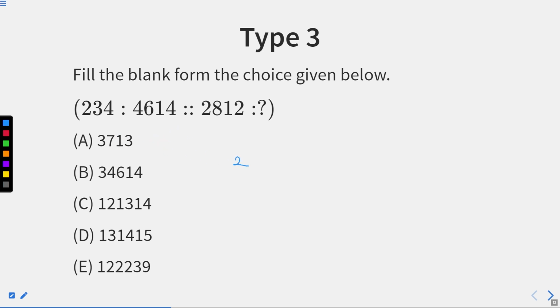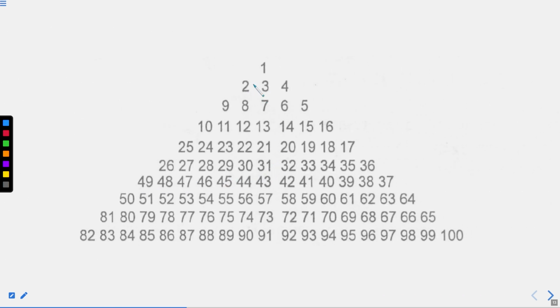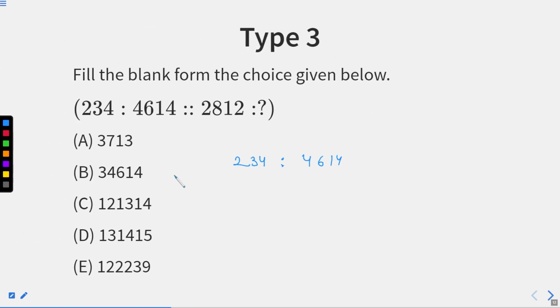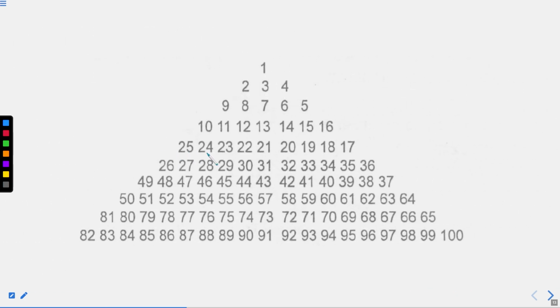First the procedure will be to write the number, that is 234, which gives a relation with 4614. 234 gives a relation with 4614. So where is 234? Here it is. It gives a relation with 4614. That is, 234 is here, 4614 is here.